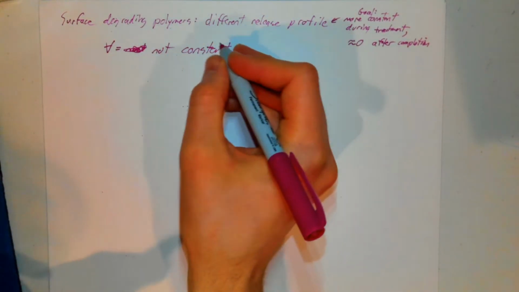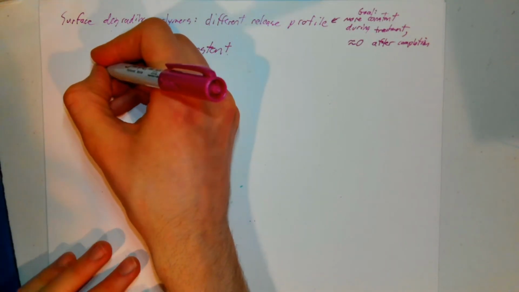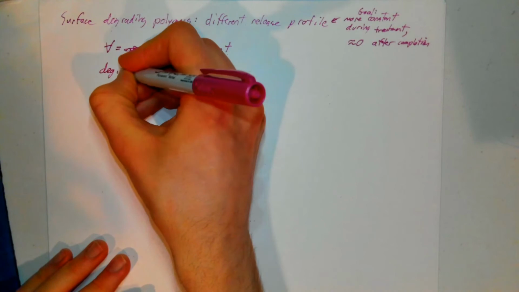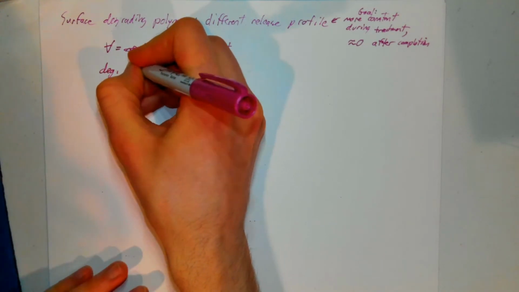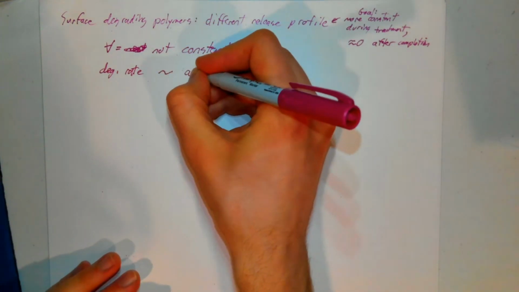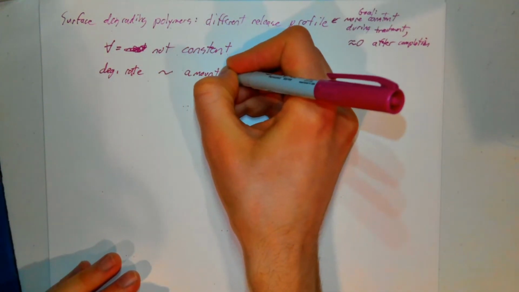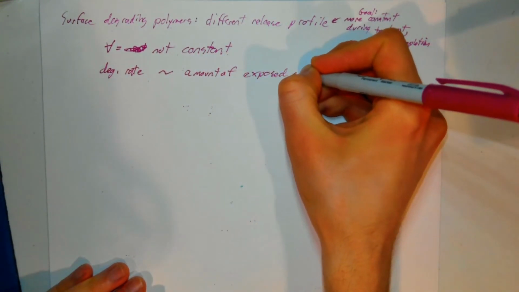The idea with surface degrading polymers is that the degradation rate is proportional to the amount of exposed surface area.